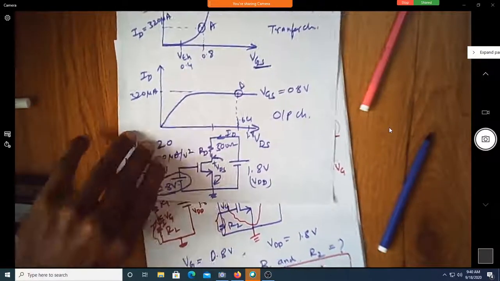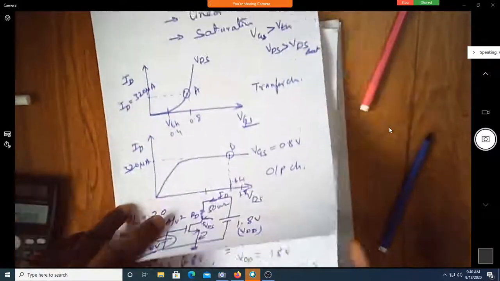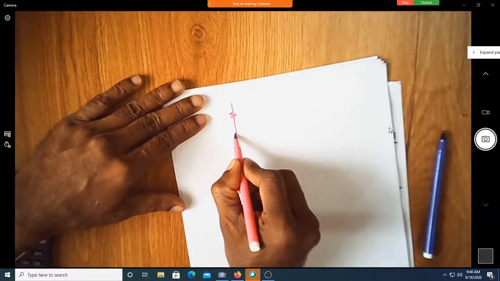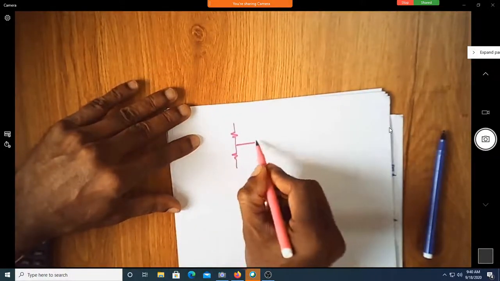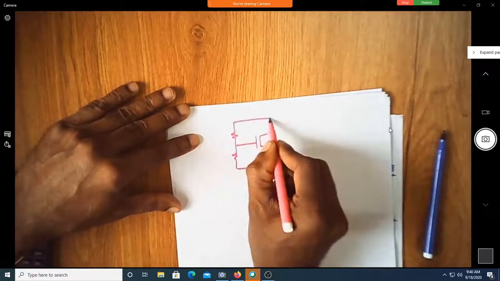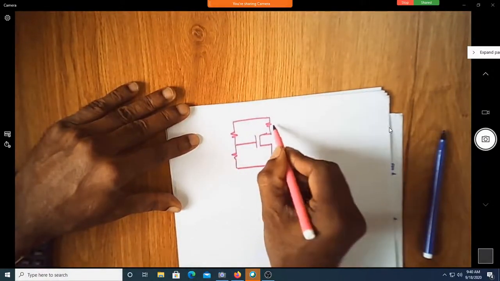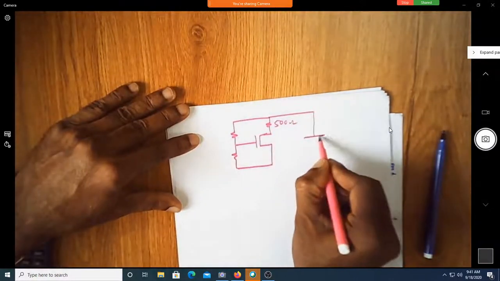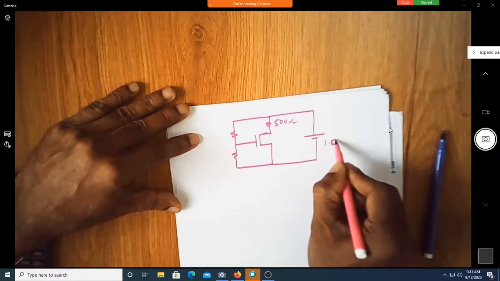So now we have a different circuit, as an amplifier. This is 500 ohm. This is the battery, 1.8 volt.